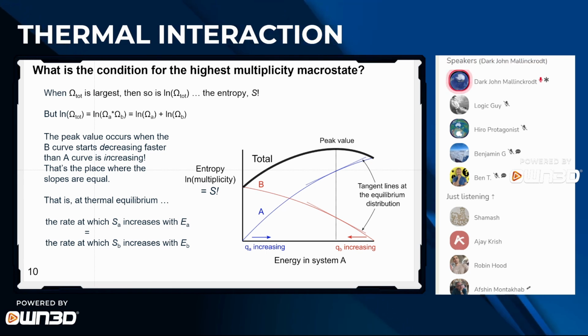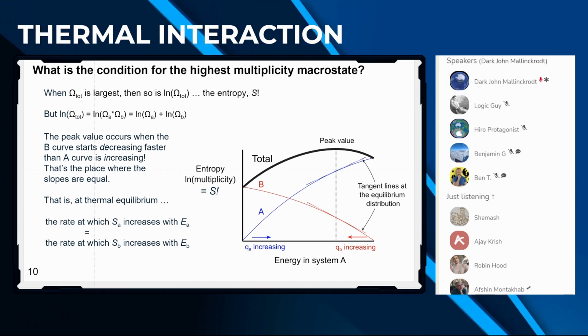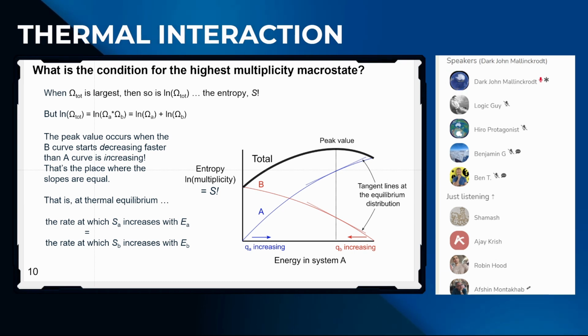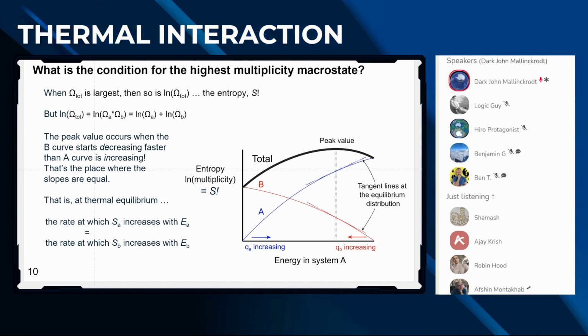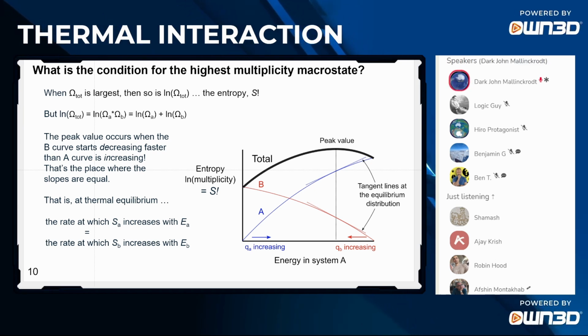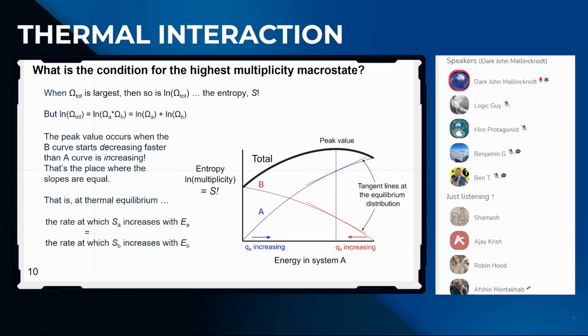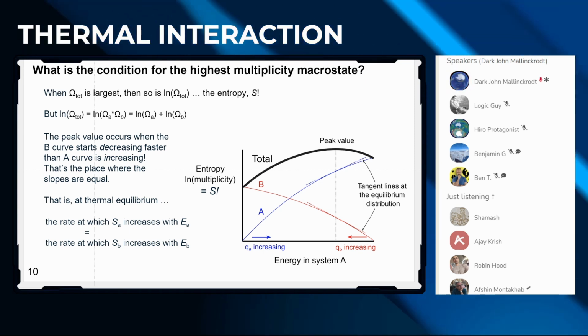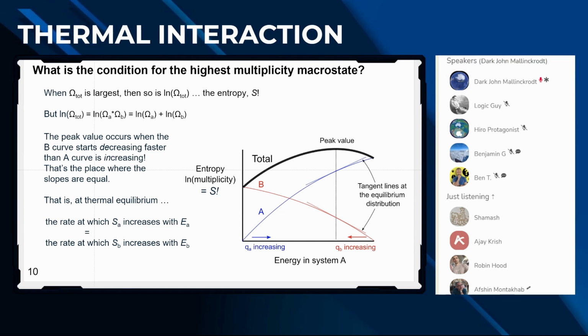But the nice thing about the natural log is that since omega total is the product of the two multiplicities of the interacting objects, the natural log of omega total is the natural log of the product, and by a property of the natural log that you may or may not remember, the natural log of a product is the sum of the natural logs. So I can add the two natural logs to get the natural log of the total multiplicity.